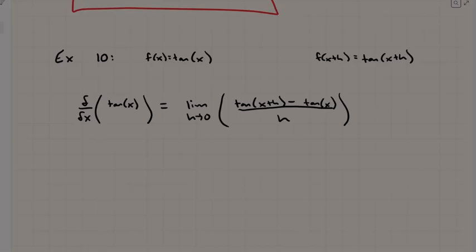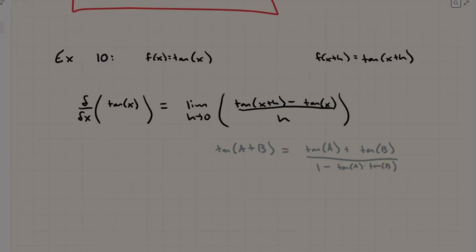All right. The tangent substitution is not so nice as the sine and the cosine one. But we have this trig identity that the tangent of a plus b is equal to the tangent of a plus the tangent of b divided by 1 minus tangent of a times tangent of b.